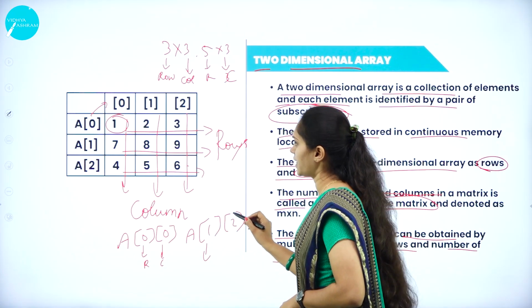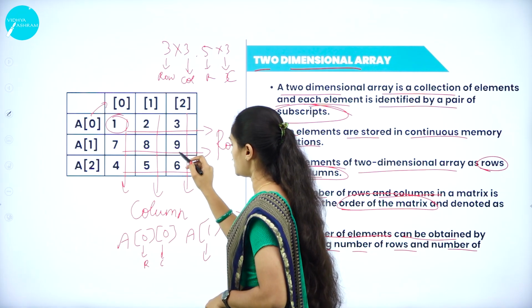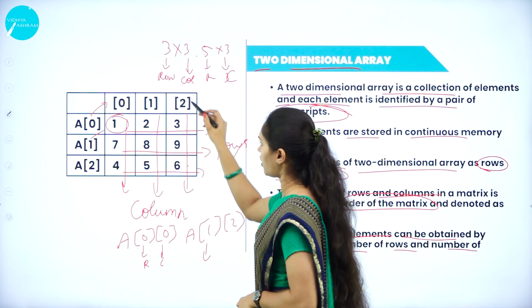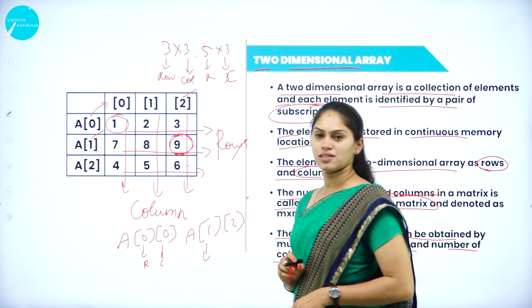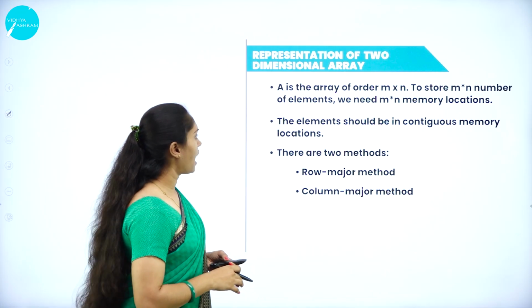Which is the first row? This is the first row. Which is the second column? That is this one. So A of 1 cross 2 indicates this element. This is how the representation of a two-dimensional array happens.